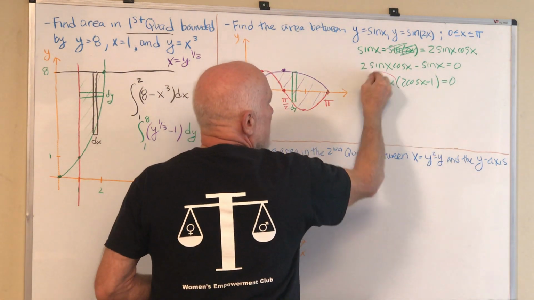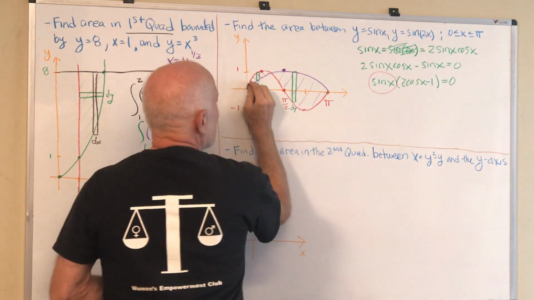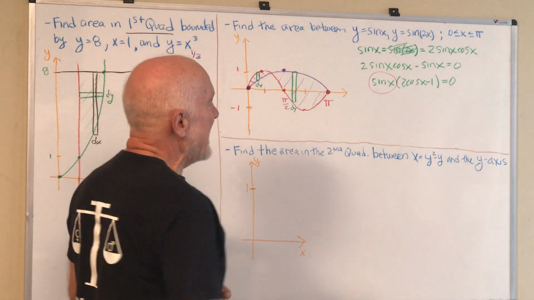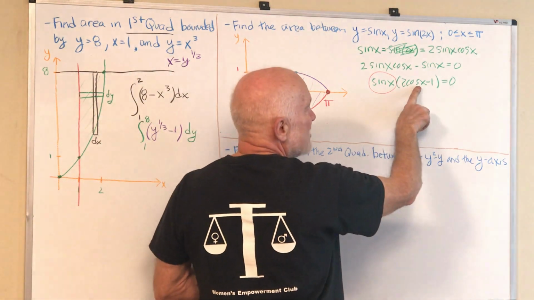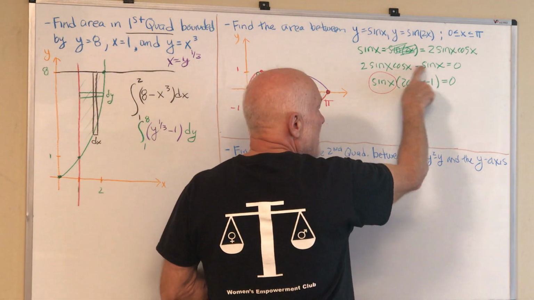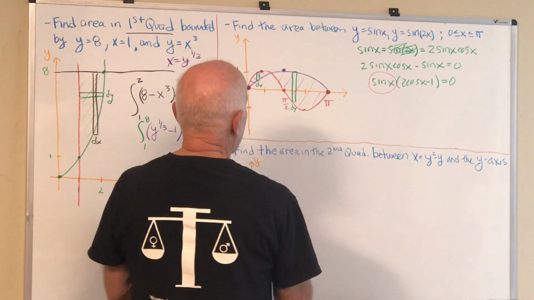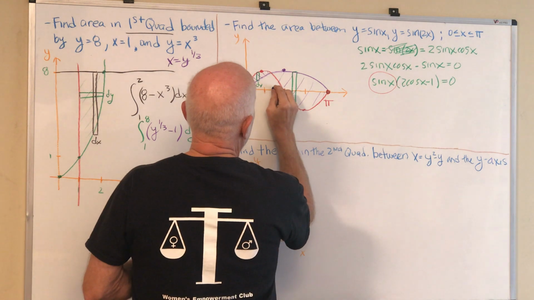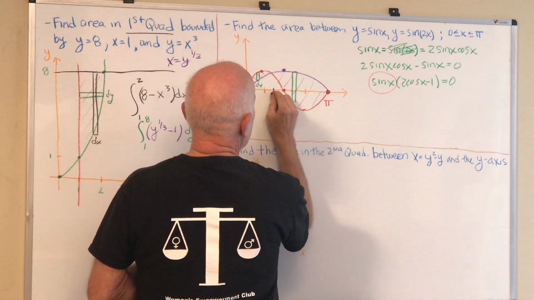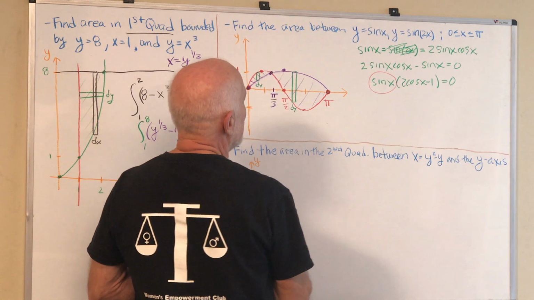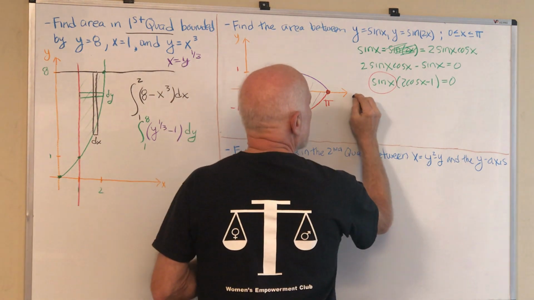Whenever this factor equals 0, which is at 0 and pi, where the sine equals 0, and where the cosine of x equals 1/2. That would make this factor 0. And that happens at pi over 3. So not at pi over 4 or pi over 2, but at pi over 3 is where this intersection point is. So now I know how to write my integrals.